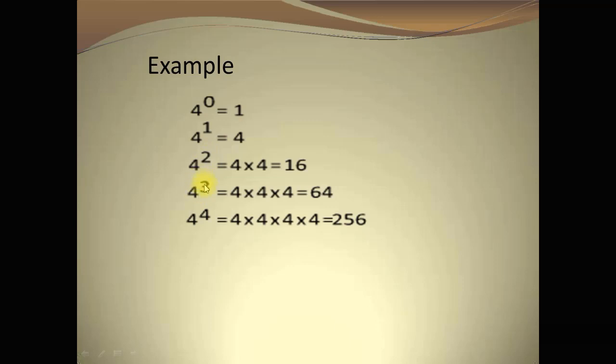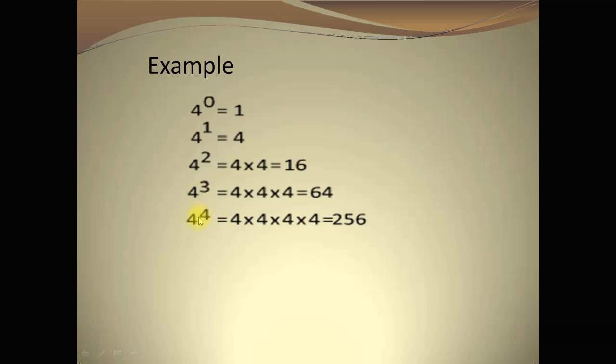Similarly, in the exponential form 4 power 3, 4 multiplied by 4 multiplied by 4 is equal to 64. So 64 is the value of this exponential form, and in it 4 is called the base and 3 is called the power.